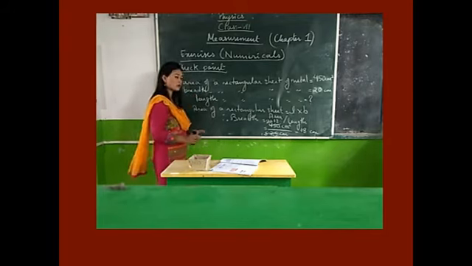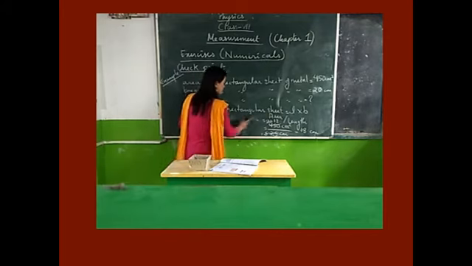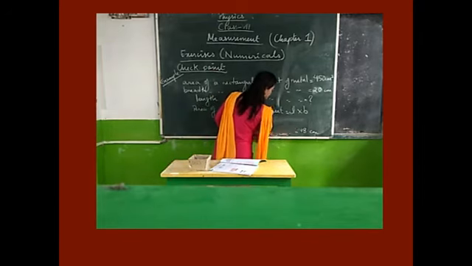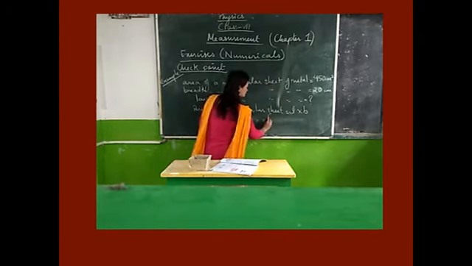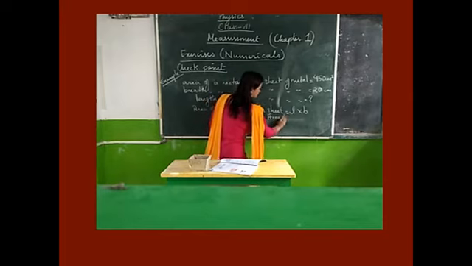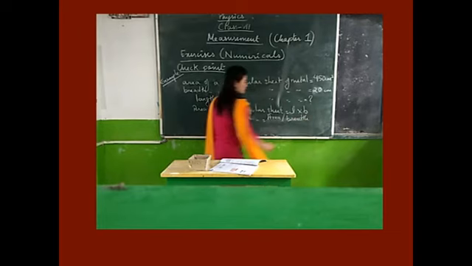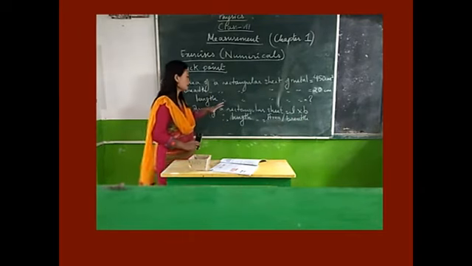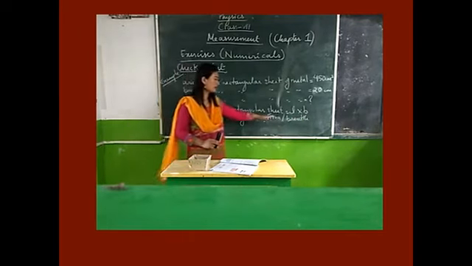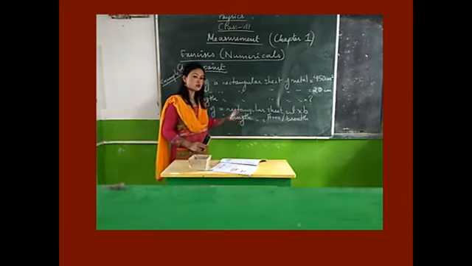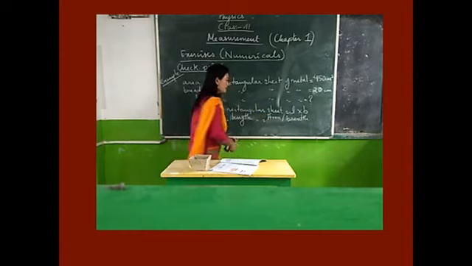Now, if you have to calculate the length, you go with the same formula. That means, in order to find the length, what do you have to do? You have to divide area by breadth. Okay, so when you were calculating the breadth, you divided the area by length. Now, when you are calculating the length, you just have to divide area by breadth.